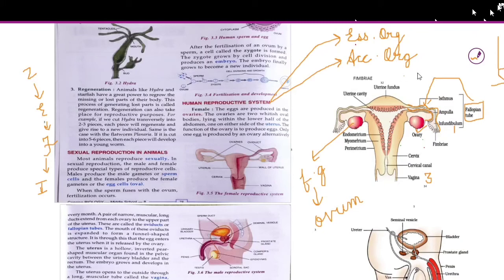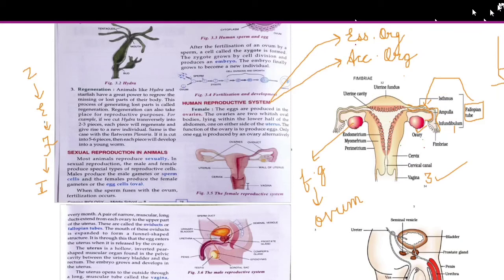Next accessory organ is what, beta? Next accessory organ is the vagina. Students, the vagina is the area of the female reproductive system which opens to outside. It is a long muscular tube, children. As I told, it opens to outside, and you refer to this diagram, beta, here, this one.